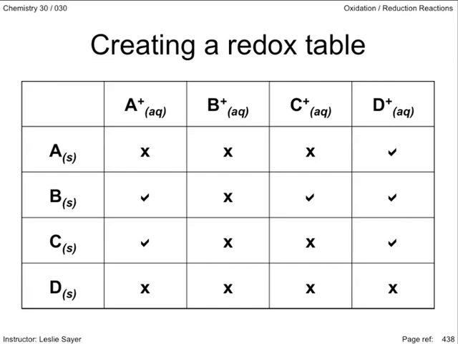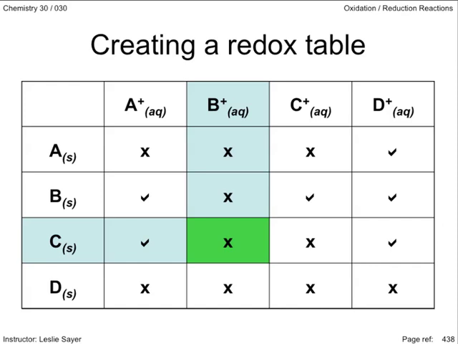Along the top row, there are 4 hypothetical ions. Down the first column, hypothetical metals. The cells of the data table contain either an X, meaning no reaction takes place between metal and ion, or a check mark, meaning a reaction does take place. For example, there's no reaction between the B ion and the C metal.